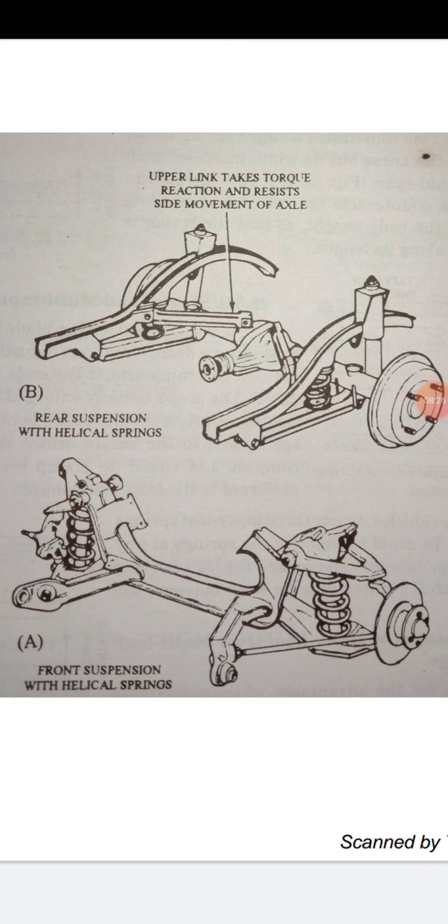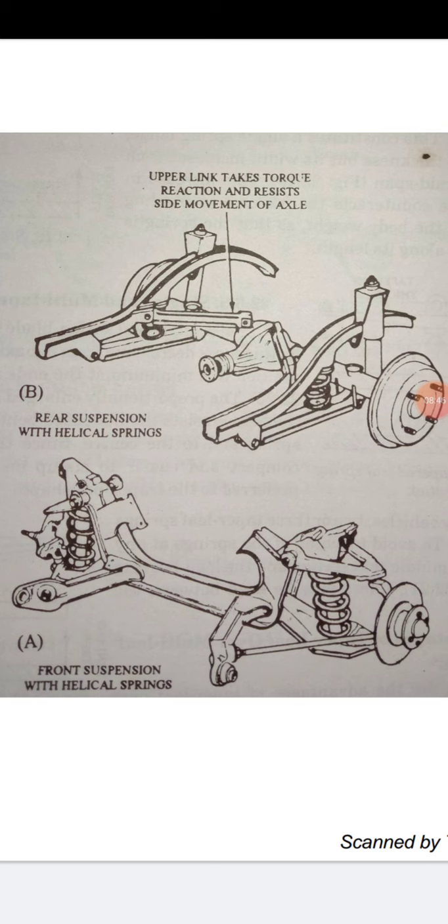Axle location at the top and the bottom is provided by the top mounting of the damper or shock absorber, like a telescopic shock absorber, and the trailing arm.